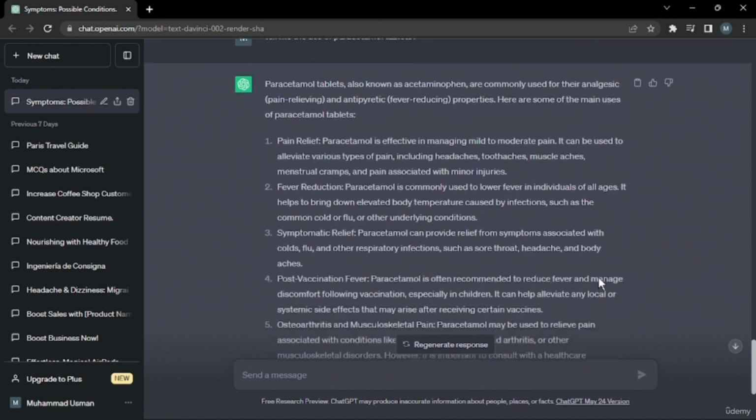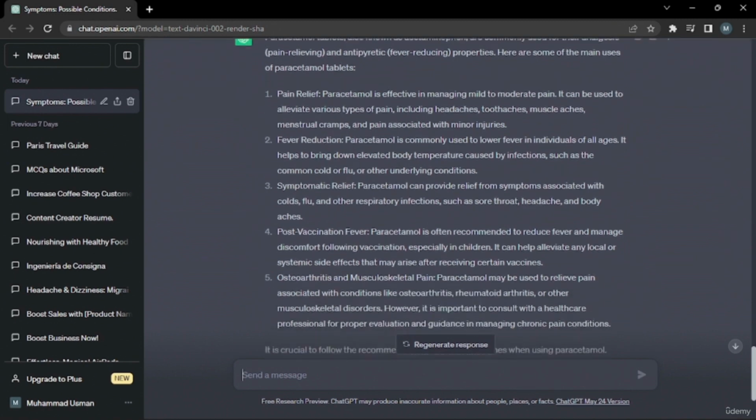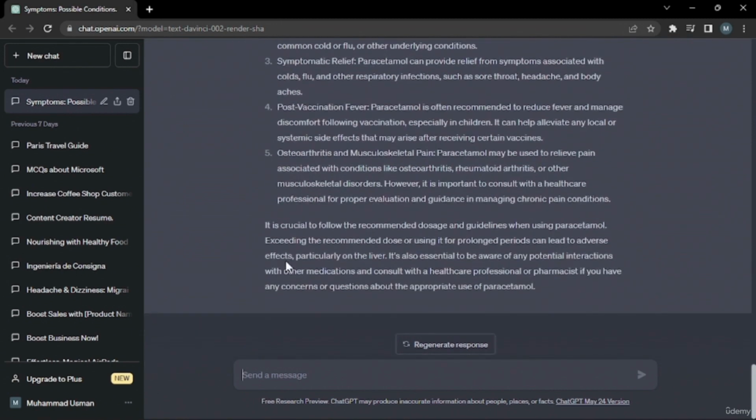First of all, it is a good source of pain relief. Then it can also reduce your fever. Then we have symptomatic relief, post-vaccination fever, and osteoarthritis. These were a few of the uses that paracetamol has.